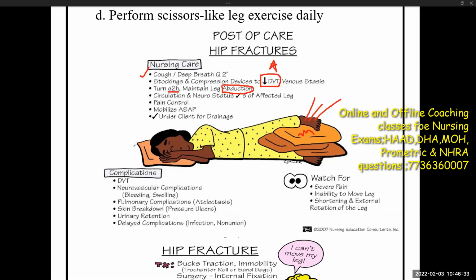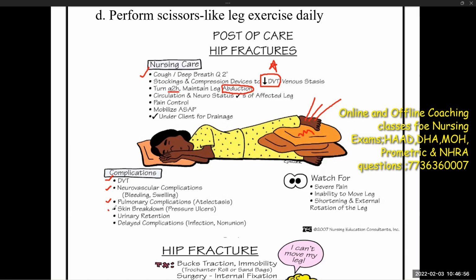So immobilizing the client with abduction. Okay, so complications: DVT, neurovascular complications, bleeding and swelling, pulmonary embolism, and pulmonary complications like atelectasis. Atelectasis will always be associated with anesthetic medications.